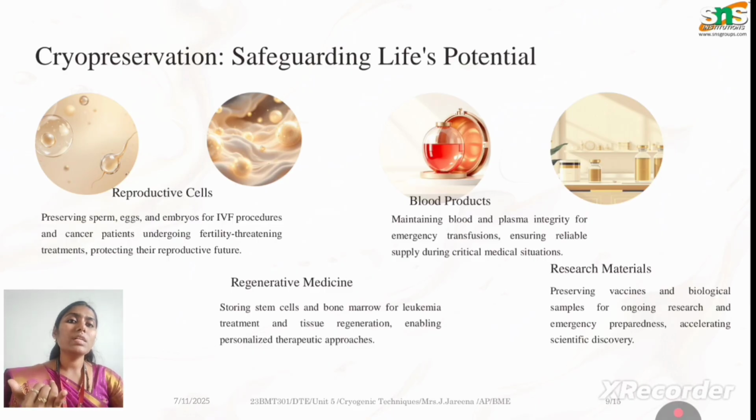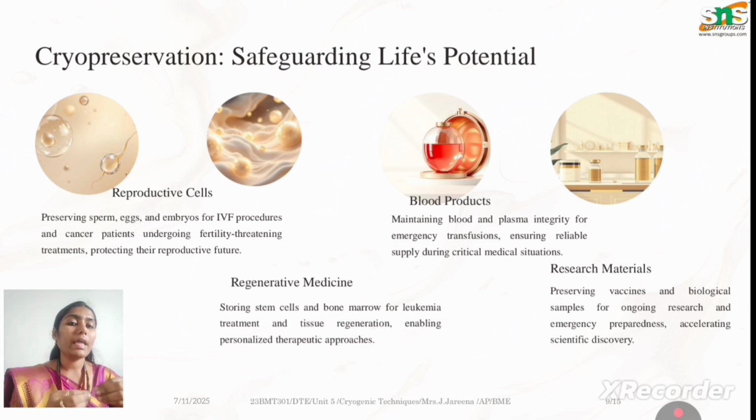With reproductive cells, you can preserve sperm, eggs, and embryos to use in the future for IVF procedures, and you can even store blood products without affecting the cellular functionality of the blood cells and plasma integrity.